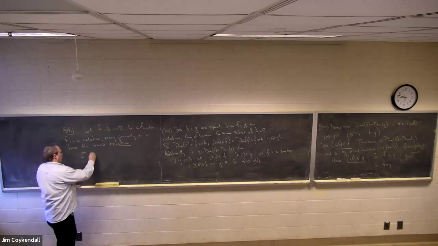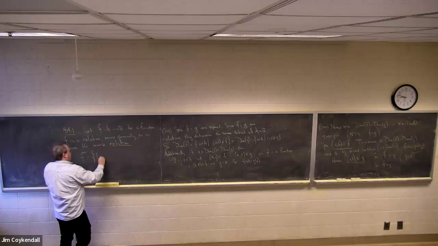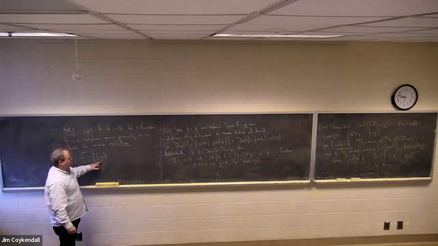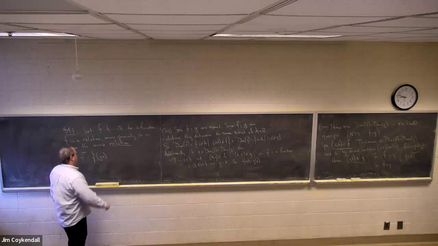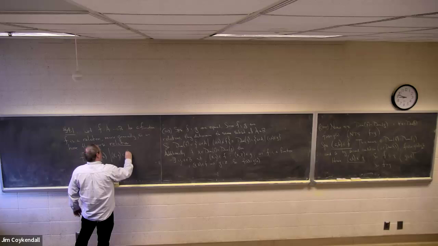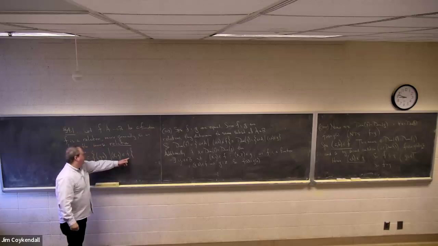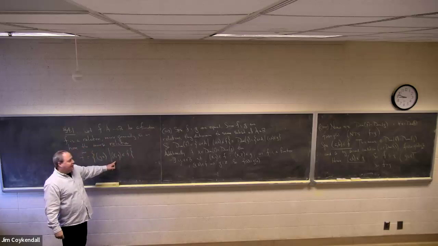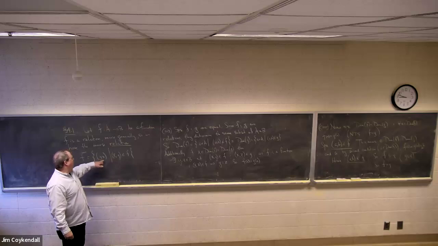What is that? Well, F inverse is just the pairs (y, x) where (x, y) is in F. So if F of x is equal to y, then F inverse of y equals x. But here I'm talking about a relation.